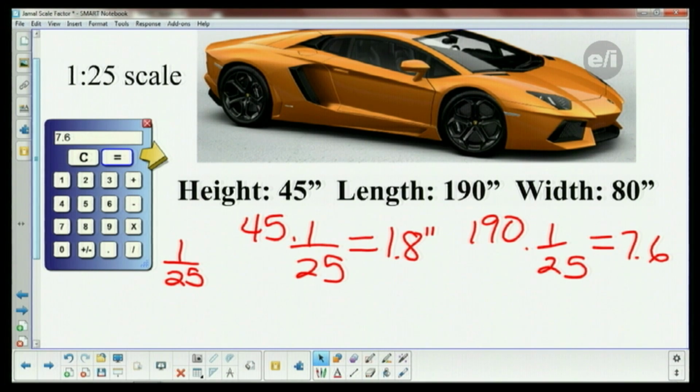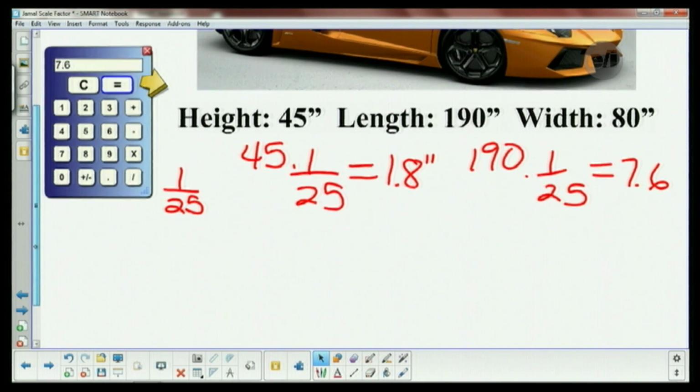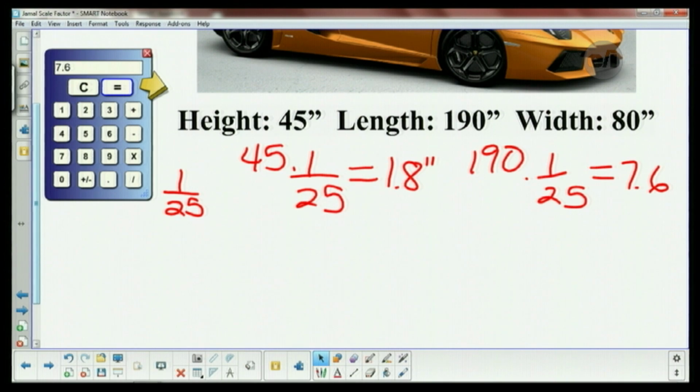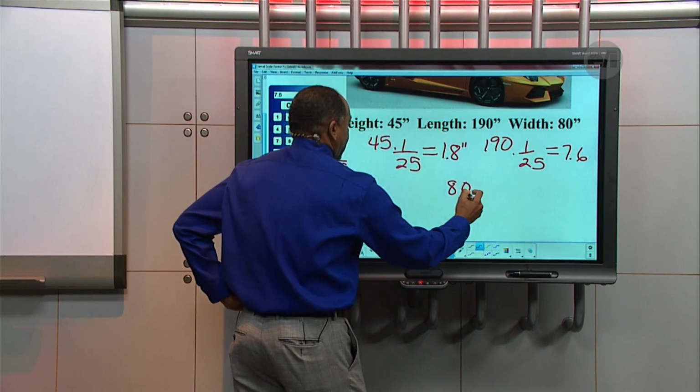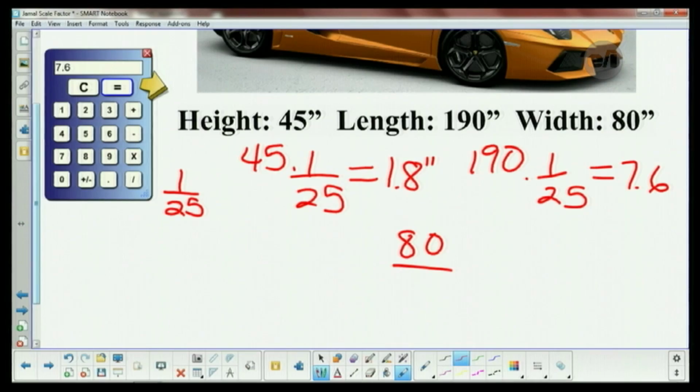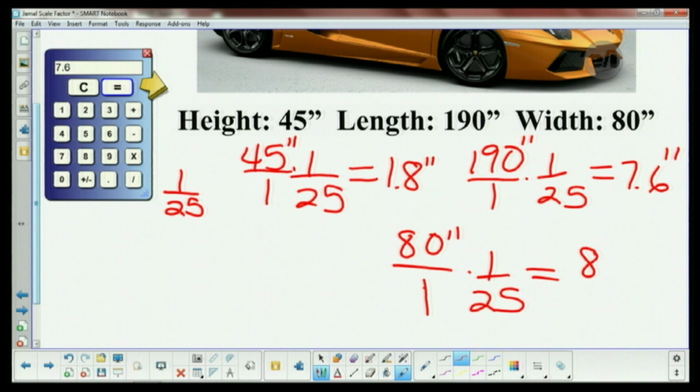The final dimension that I wanted to look at is the width. I want to know how wide this car is going to be. So all I'm going to do here is take my 80 inches, these are all inches by the way, and divide it by, or multiply it by, I guess I should show you this. What I'm actually doing is writing these whole numbers over 1. 80 times 1 is 80.